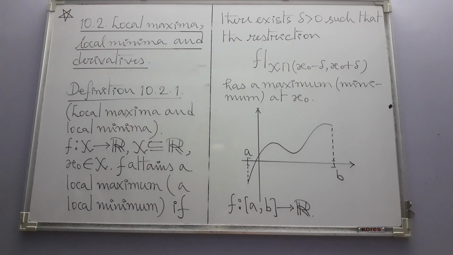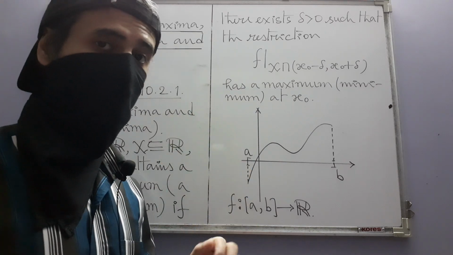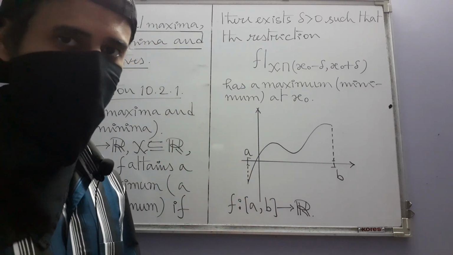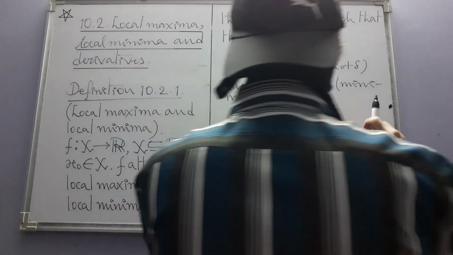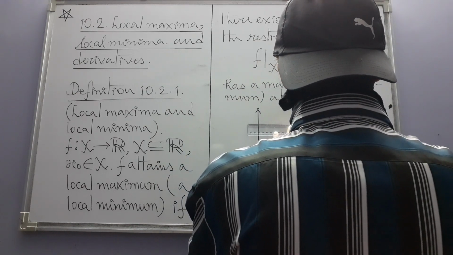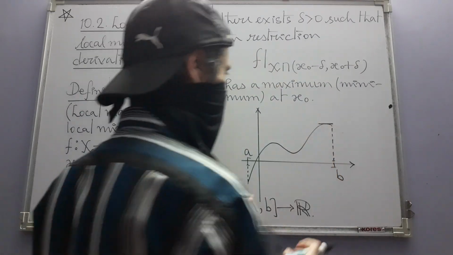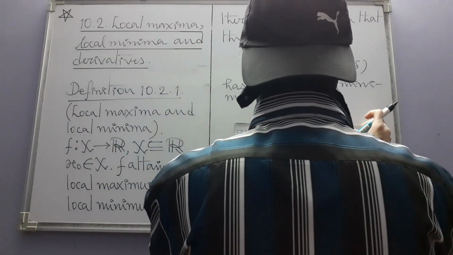Now you can see that the function actually does have a maximum, an ordinary maximum at this point here. This is the ordinary maximum value.